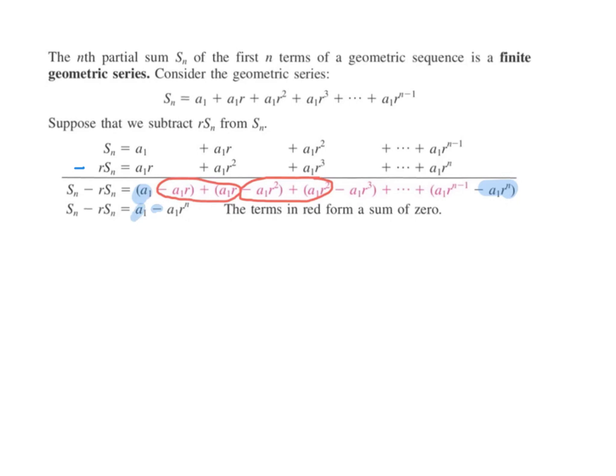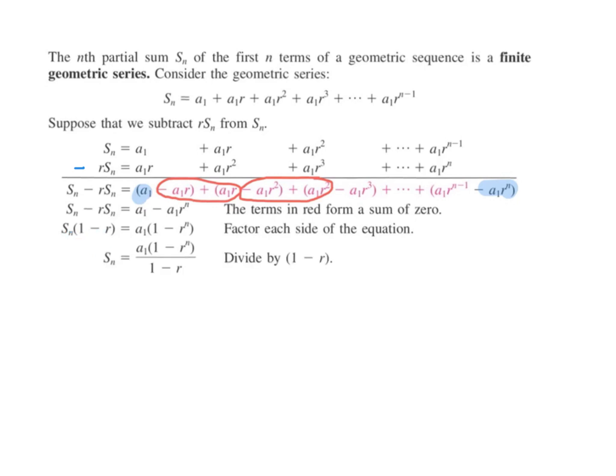And this is minus. This is the only thing that doesn't cancel out. Now here I'm going to factor out this s sub n. Okay. And I can factor out an a sub 1. And so in order to find the sum, all I've got to do is divide both sides by 1 minus r. And that is the formula.